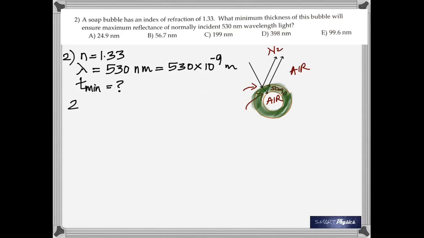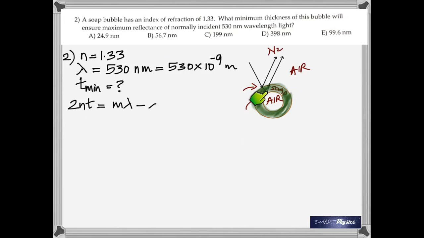And why did I put lambda by 2 there? Because remember, whenever reflection takes place, when it's trying to go from less dense to more dense, it jumps in path by lambda by 2. So there's an additional path difference of lambda by 2 here, which this one does not have. Why?